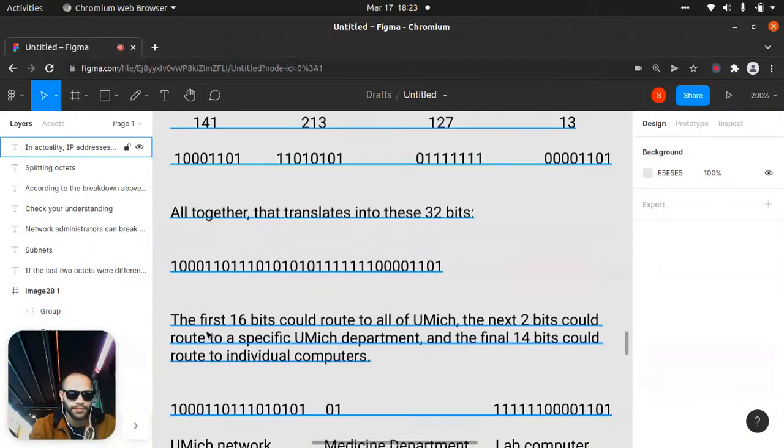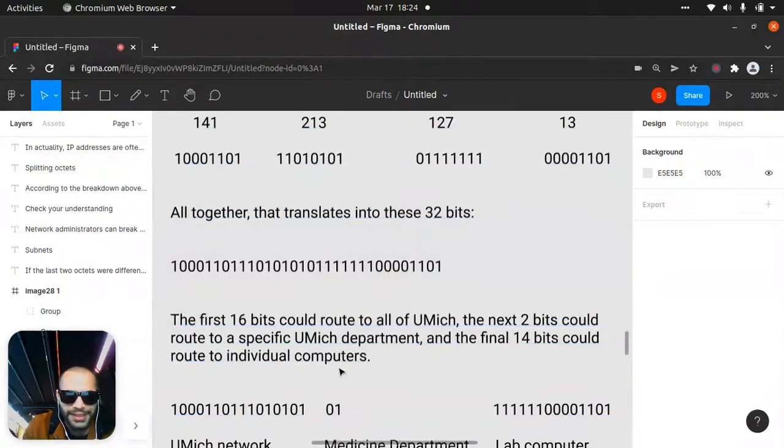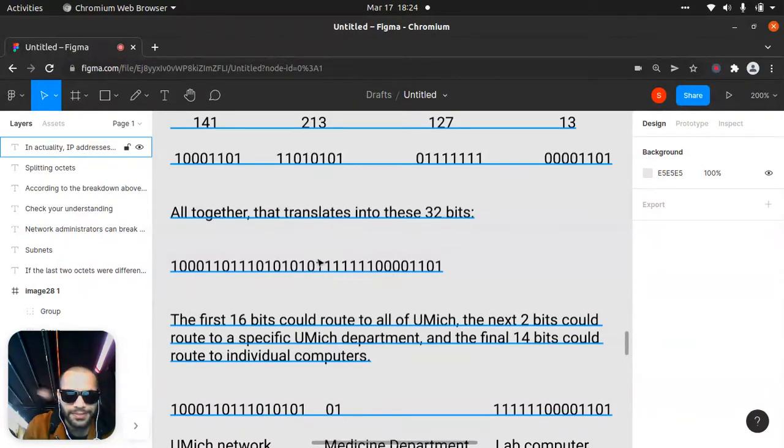The first 16 bits could route to the unique network. Later we'll look at the next bits.